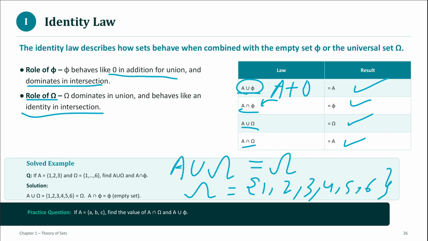And we know that A intersection phi is phi itself, which is an empty set, right? Now, if A is equal to {a, b, c}, find A intersection the universal set. It is going to be A itself, right? {a, b, c} only. And A union phi is going to be A again, which is the same answer.